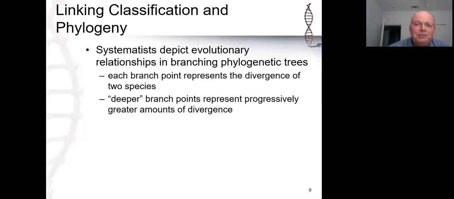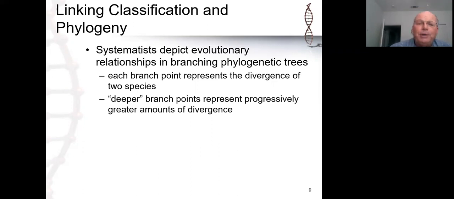This has been true since Darwin started drawing them to illustrate how he viewed evolutionary relationships, and we've continued to do that. But the trees that we draw today are built on different bases than the trees of the past. And that's one of the reasons why we have to spend so much time talking about the way we do phylogeny today versus the way it may have been done traditionally. But the nature of the trees and what the branching within the trees actually represents has not changed.